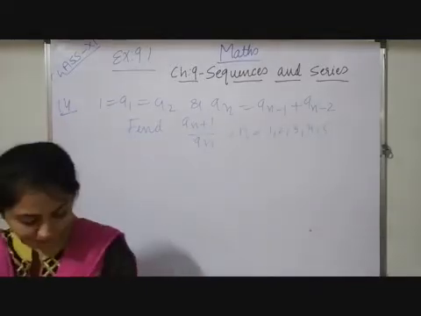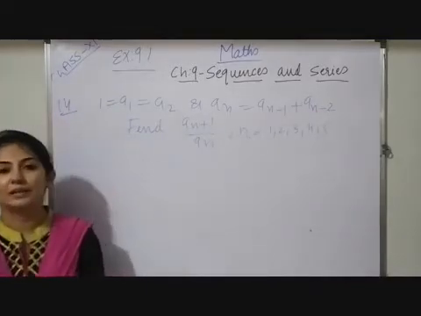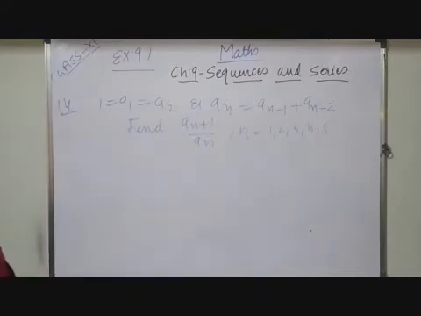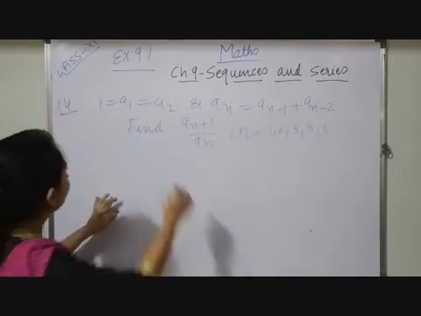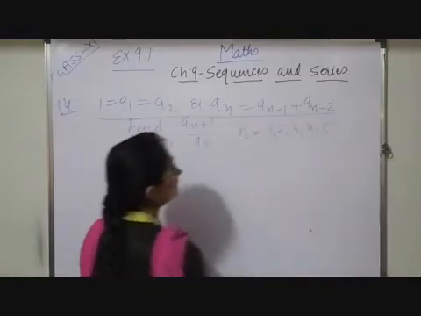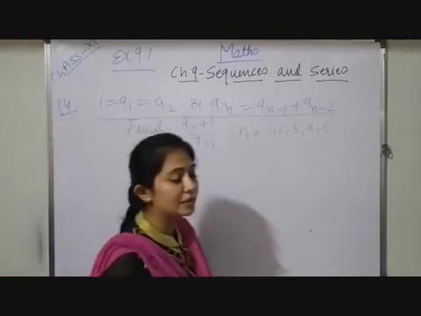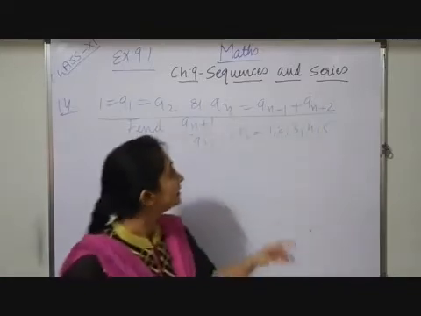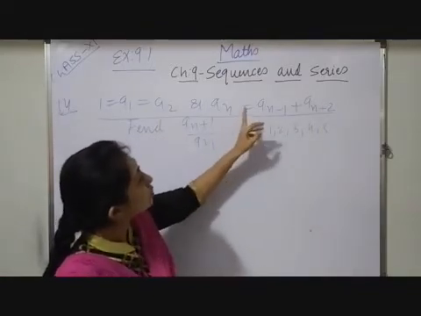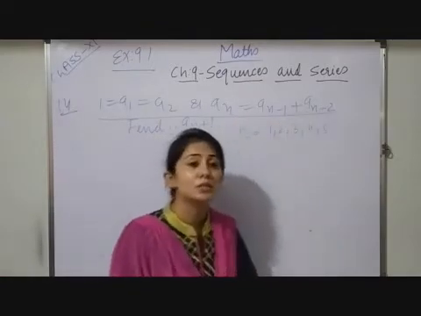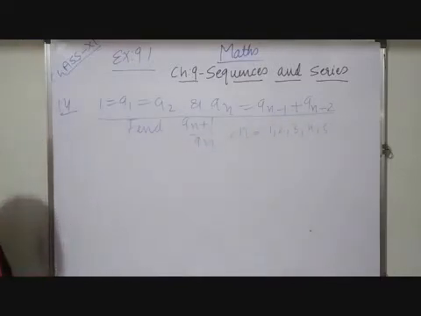Now here, this is defined as the Fibonacci sequence. This sequence has a specific name, Fibonacci sequence. If a Fibonacci sequence is given to you, you have to remember this general form: an is equal to an minus 1 plus an minus 2, while 1 equals a1 equals a2.